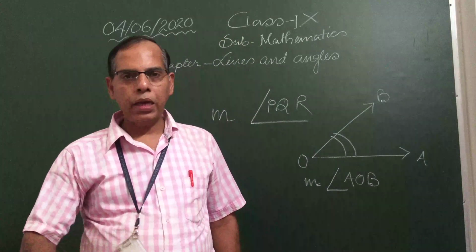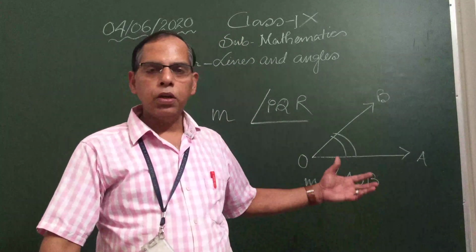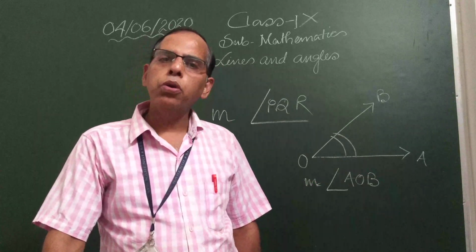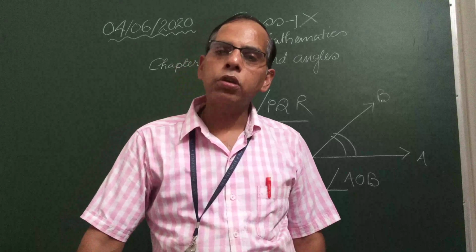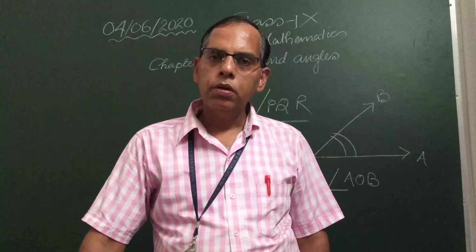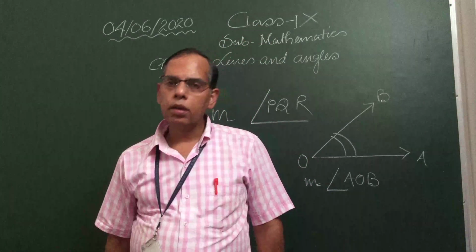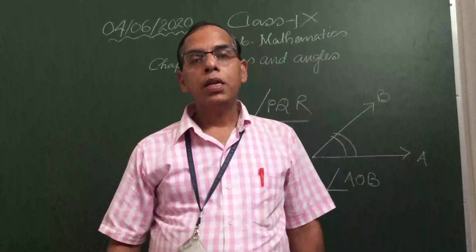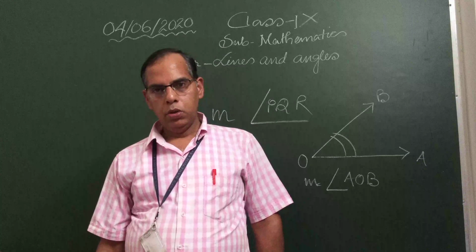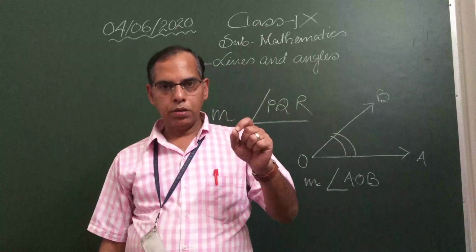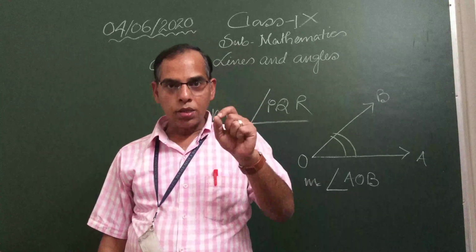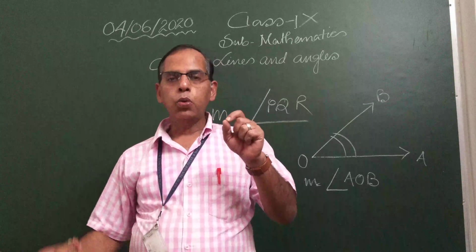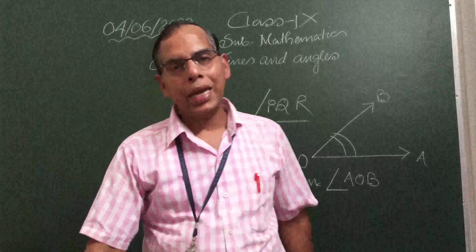Now, before that, I explained already the definition of angle. Now, do you remember the definition of a ray? What is the definition of a ray? A set of points which has one starting point but no ending point, and which can be extended only on one side.